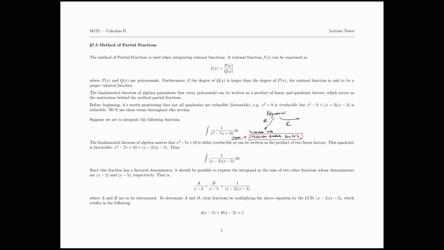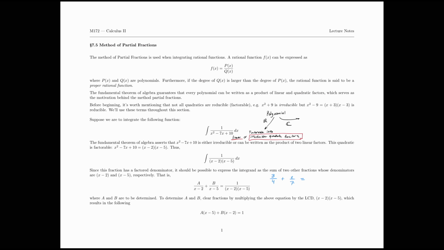Okay, so here's a case where we actually are able to get linear factors. And then what's going to happen here is we are going to essentially do the reverse of a common denominator. So normally when you add things together, like let's think regular old fractions here for a moment. If we take the fraction 3/4 and we want to add it to, let's say, 2/7, what you'd have to do is find the lowest common denominator, or not lowest common denominator, but some common denominator.